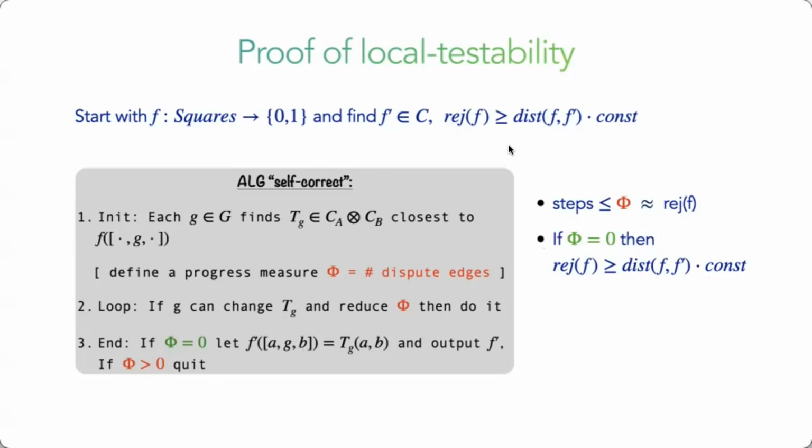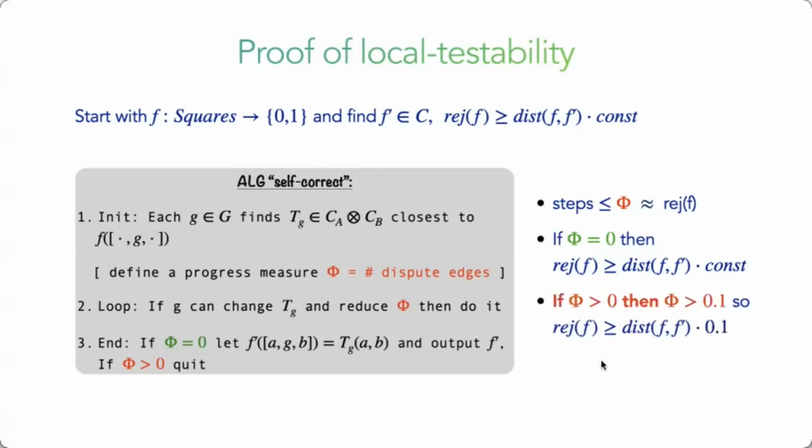It's copied from here. The reason is that whenever we decrease phi, we change f until we end up with f prime, but the number of changes is proportional to phi. So it works out that the amount of changes we made is proportional to the rejection.